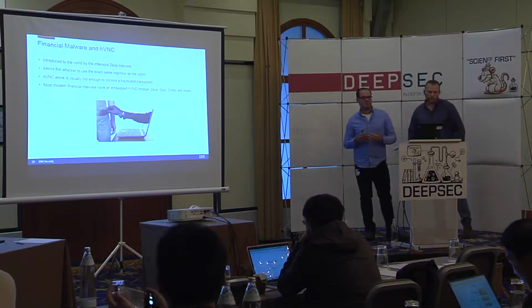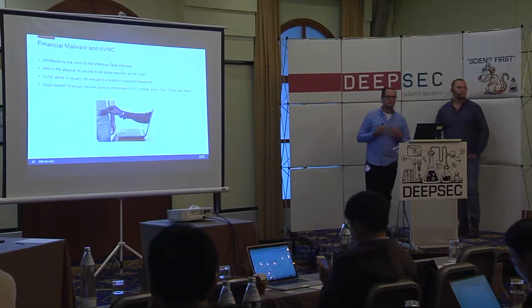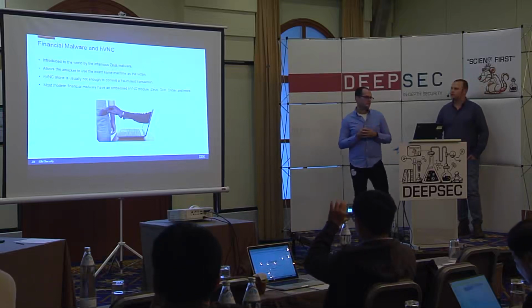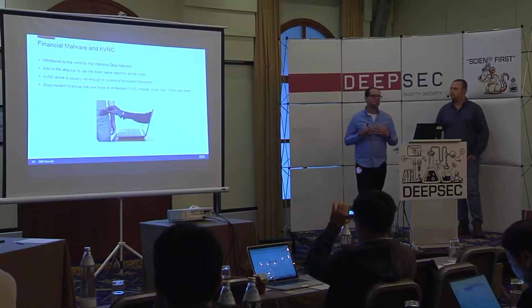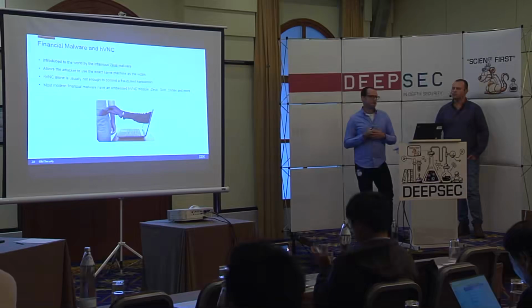hVNC was introduced to the world by the infamous Zeus at around 2007. It allows the attacker to actually use the exact same machine as the victim. We'll elaborate more on this in next slides. In general, hVNC alone is not enough to commit a fraudulent transaction. You will need some more information. Usually you will need at least the user credentials and some other stuff.